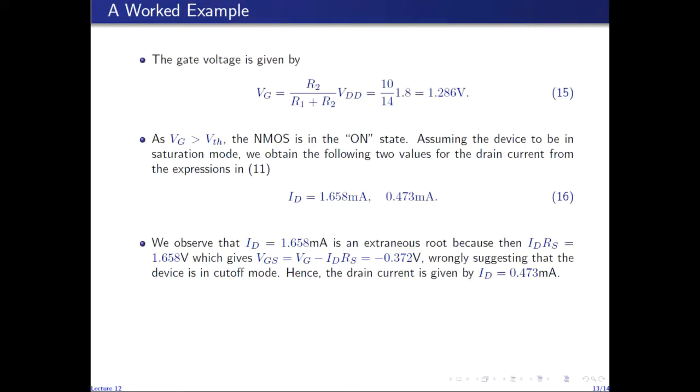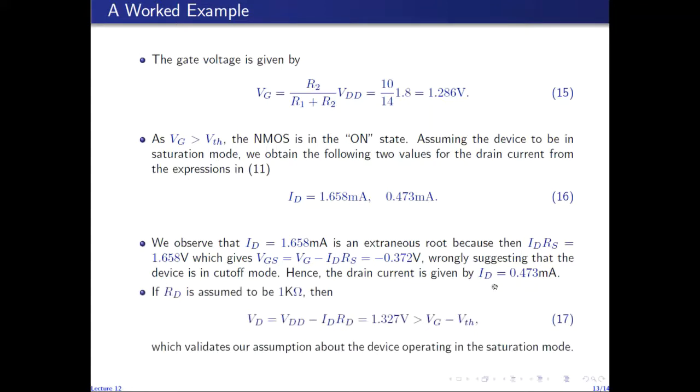This suggests that the NMOS is in cutoff mode, because the threshold voltage is 0.4 volts and VGS is minus 0.372 volts. But we've already established that the NMOS is in the on state, so this must be the extraneous root. We discard this root and take the other value as the drain current ID.